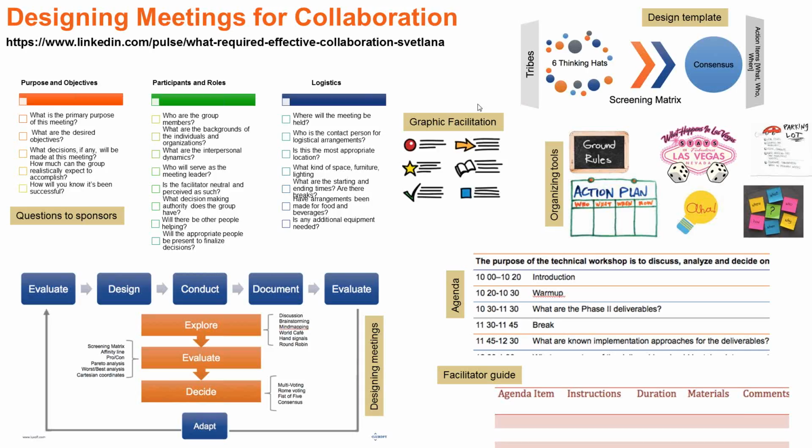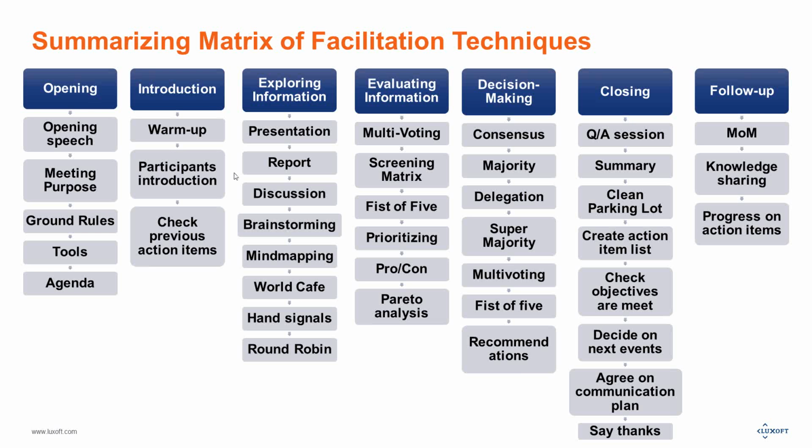So it is organized tools that can be used during meetings. And you can also say a few words about the agenda of the meeting. During the introduction part, you can have some warm-up. You can introduce participants to one another. Again, for some meetings during the opening, you can just remind people about ground rules.